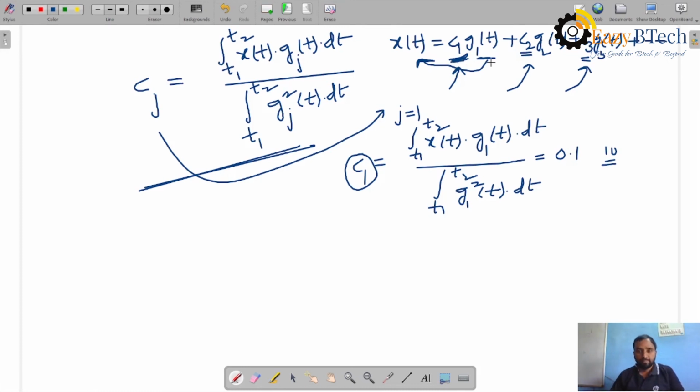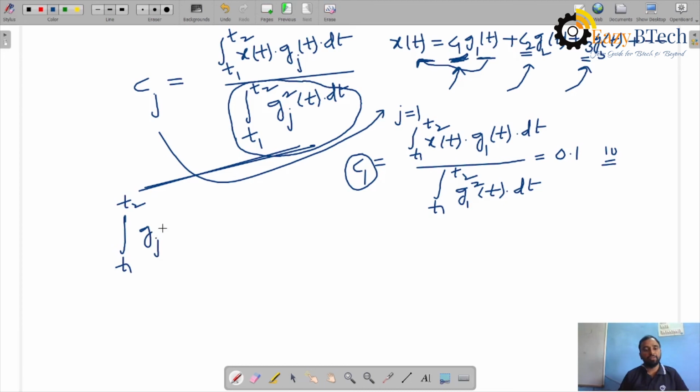Okay, right? So next, we have taken this denominator already at the starting, integral t1 to t2 gj square of t dt. We take it as some value kj.